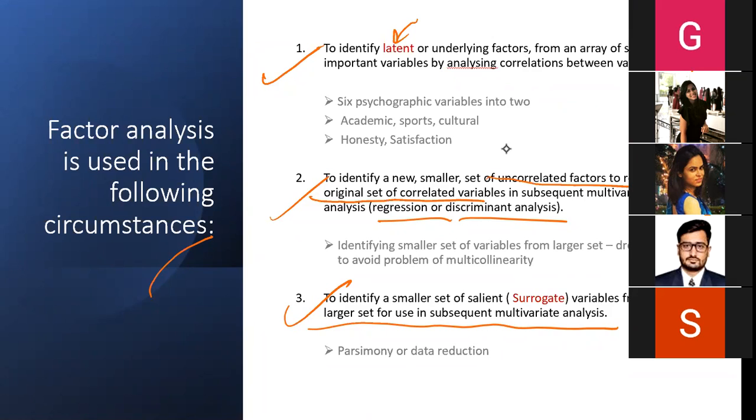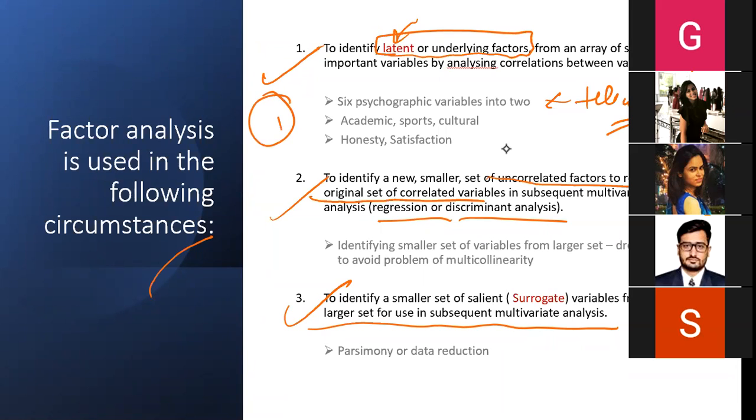Say psychographic variables, like I showed you in that example of the telecom brand. If you have to reduce 6 psychographic variables into 2, based on some latent or underlying factors, these can be grouped. So first is to identify the latent or underlying factor.